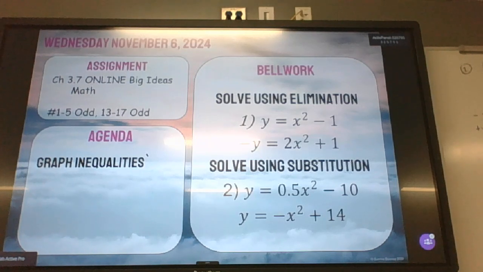And I get 16 equals x squared. Hit the square roots. And we have plus and minus 4 equals x.